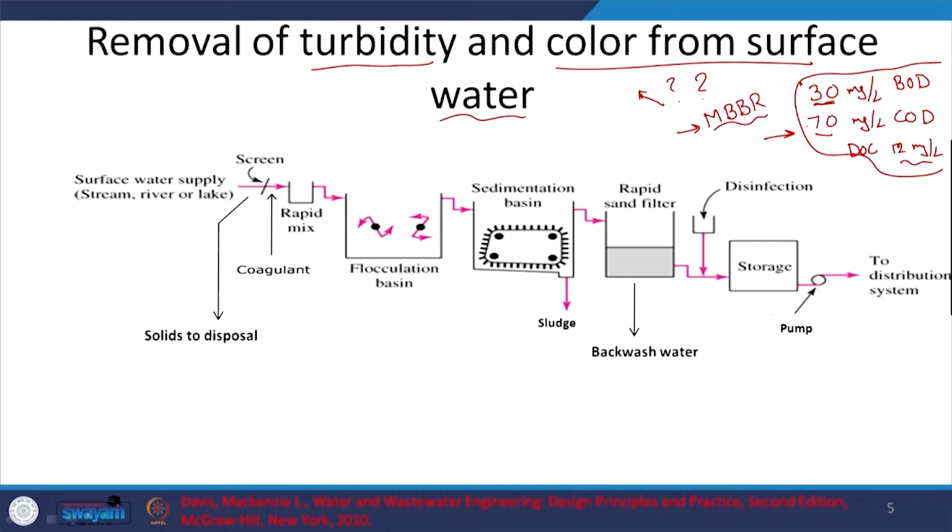In this case, I am just concerned about surface water, which has relatively high turbidity, right? So what is it that I want to do? Let's go through stepwise. Surface water is coming in from a stream, river or lake. Screens, right? You are always going to have screens because you will always have different kinds of stuff thrown into the water, and you can have a coagulant added.